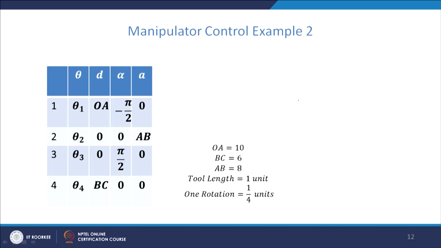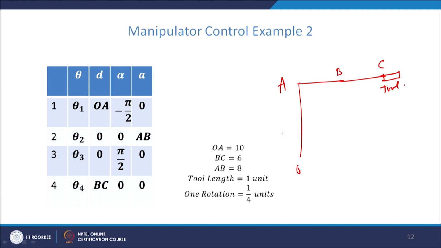So, we have the robot manipulator where OA is this and AB is the second link and BC is the third link, with the tool as the end effector.